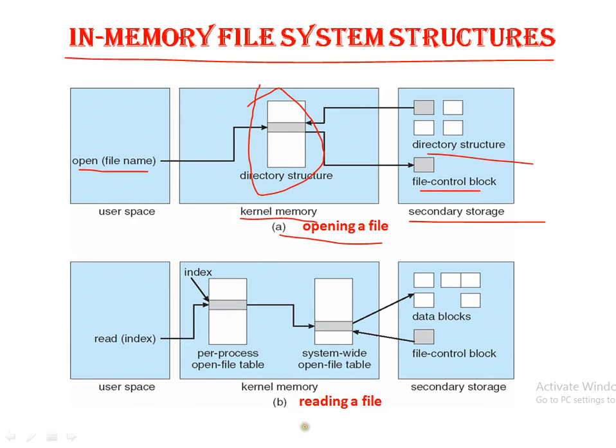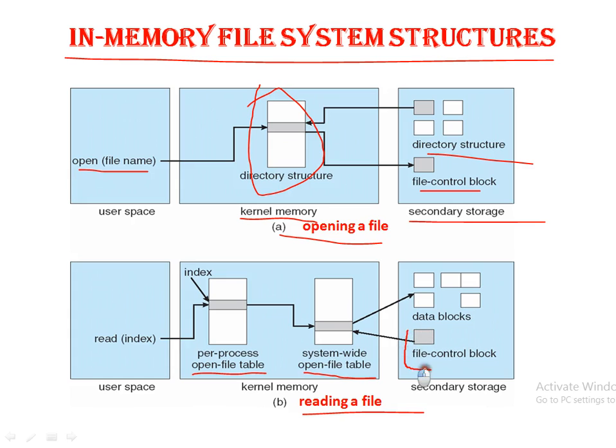Next, say I want to read a file. When I want to read a file, I have two things to remember. One is the per process open file table, and another one is the system wide open file table. Now, the system wide open file table, what is it? It contains a copy of the file control block.